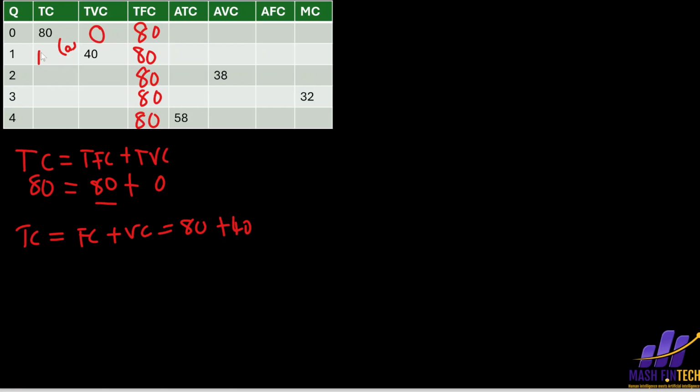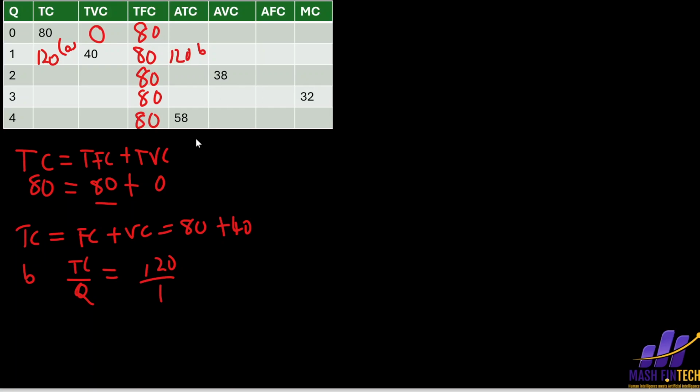We get 120 here. All right. And then we come here, the average total cost B. The average total cost is just, remember, the total cost over the quantity. For B, the total cost is 120, the quantity is 1. So the average total cost is also 120.